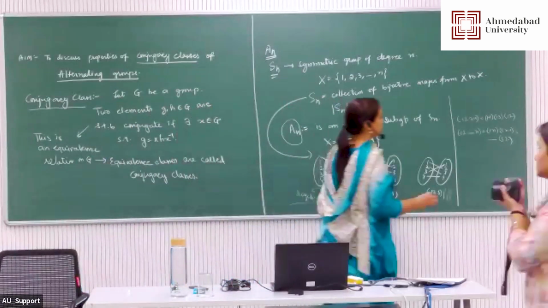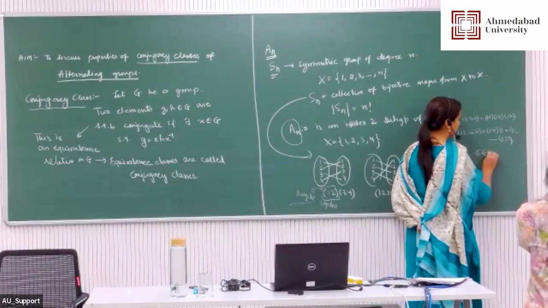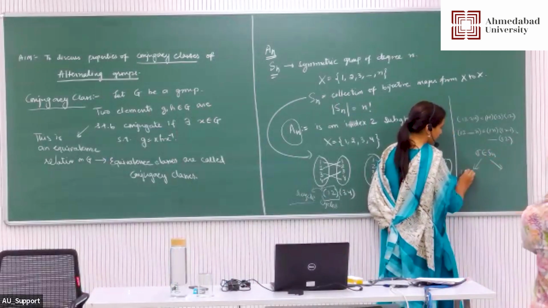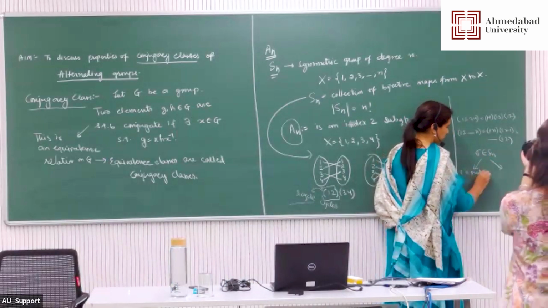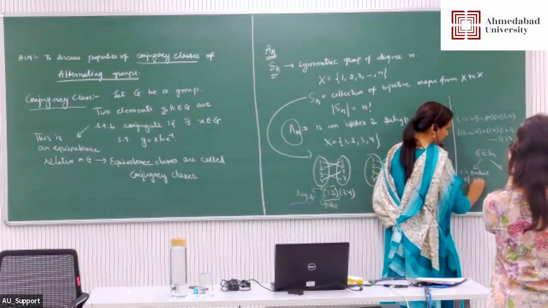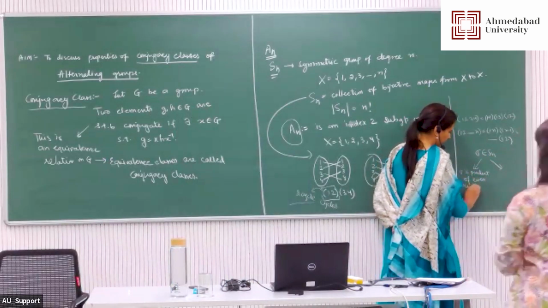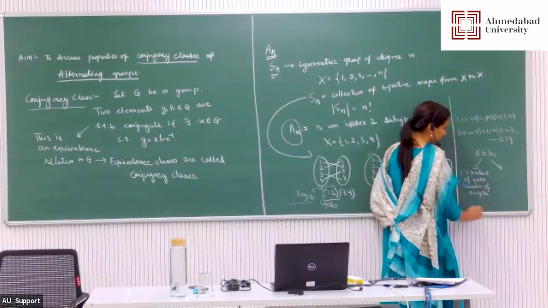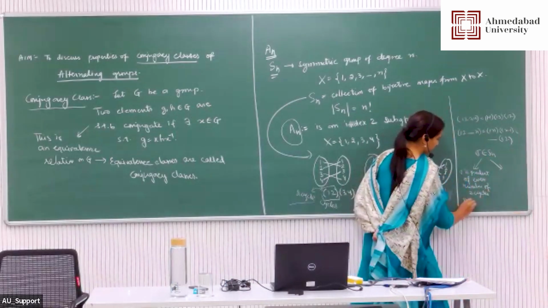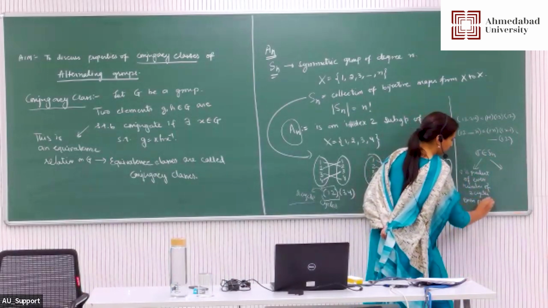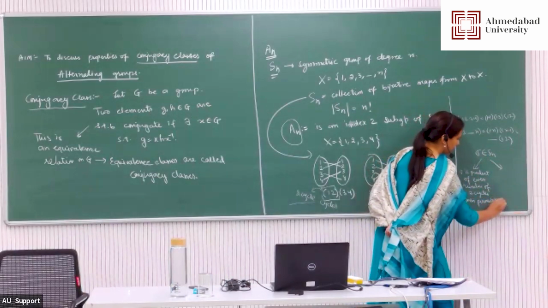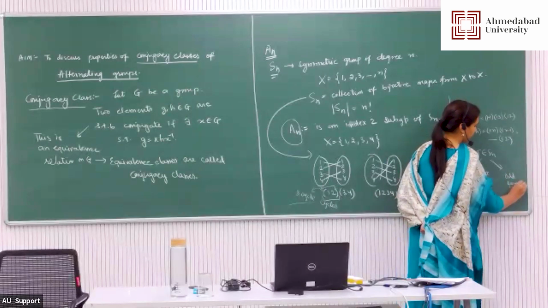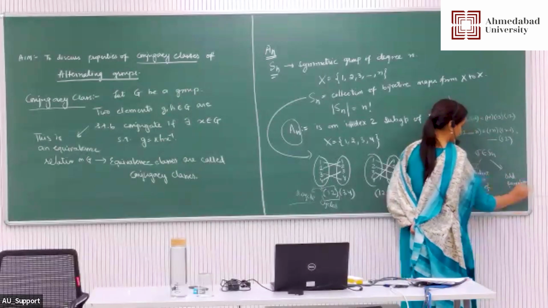Okay. So now, for any element sigma in S_n, there are two possibilities. The first one is that sigma is a product of an even number of two-cycles. In this case, it is called an even permutation. And others, as you can guess, are odd permutations, where that element can be written as a product of an odd number of two-cycles.